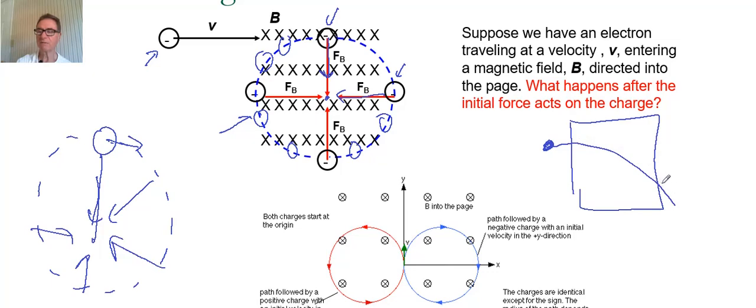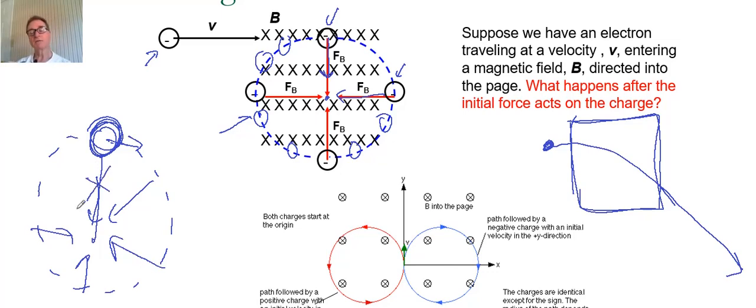And once it leaves the magnetic field, it will continue going straight. So it curves while it's in the magnetic field, in this area right in here. Once it leaves the magnetic field, it's just going to continue going in a straight path, just as our object at the end of a string would go on a straight path if it lost that centripetal force. Remember, if the string breaks, what happens to the path? It's just going to be straight.